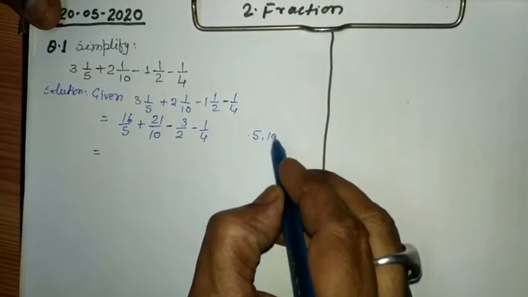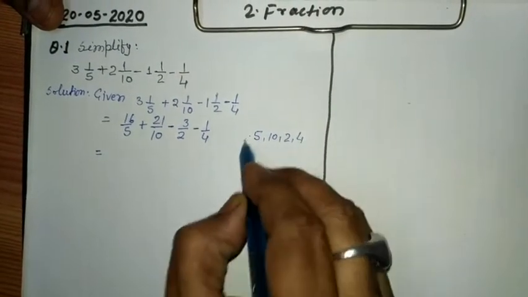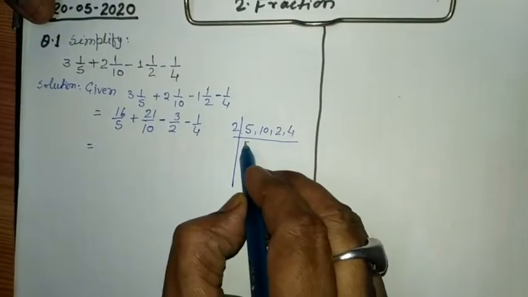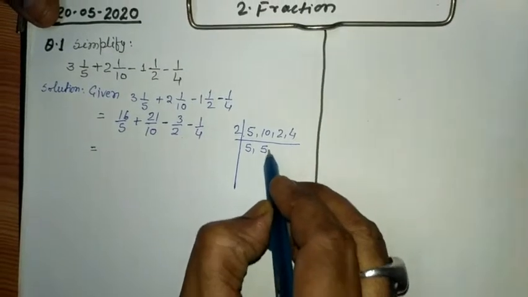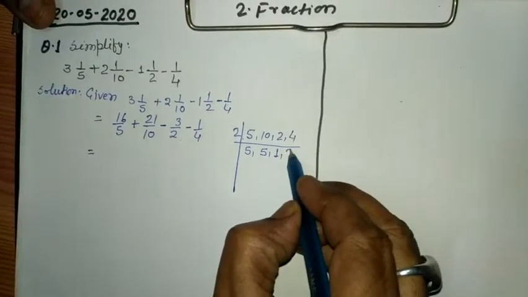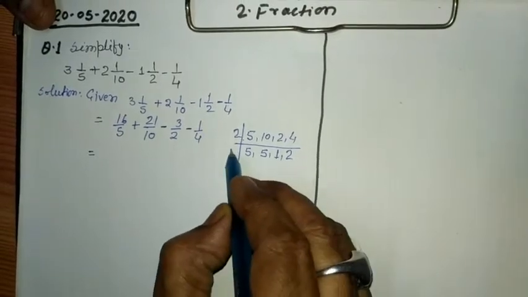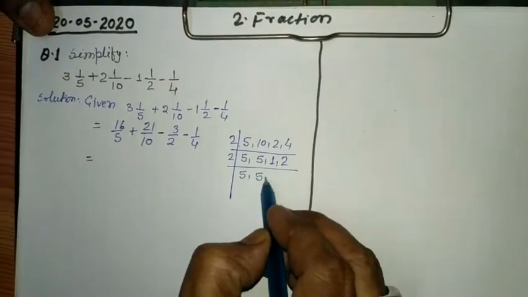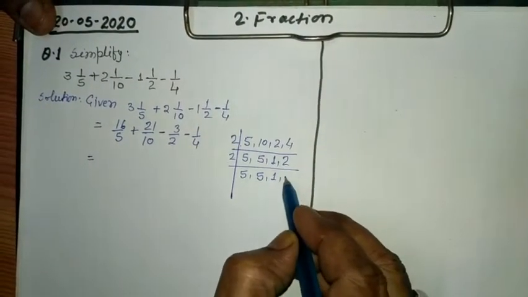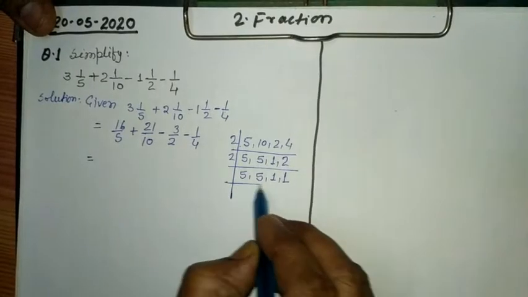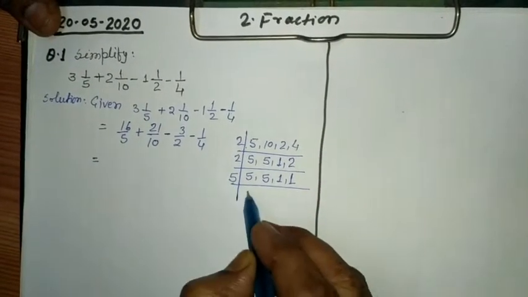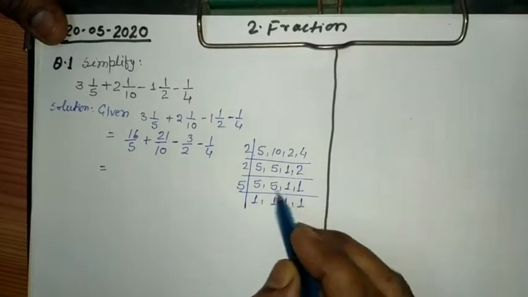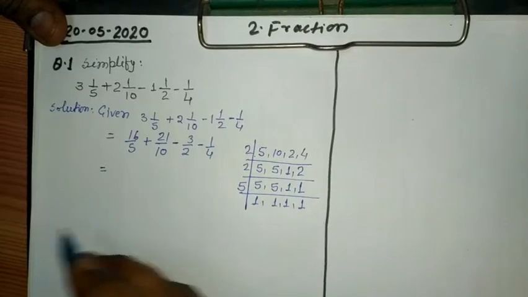Find a number divisible by 2: 2 fives are 10, 2 ones are 2, 2 twos are 4. Again divisible by 2, we get 5, 5, 1, 2, 1. Again by 5, we get 1, 1, 1 and 1. This is called prime factorization.